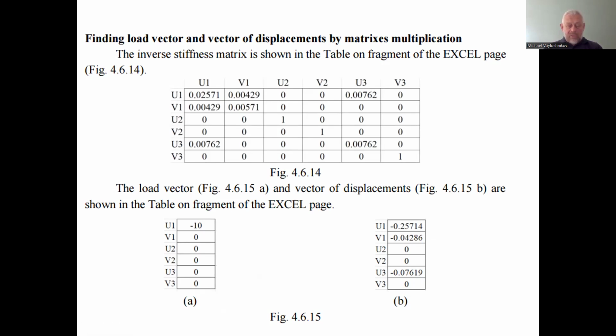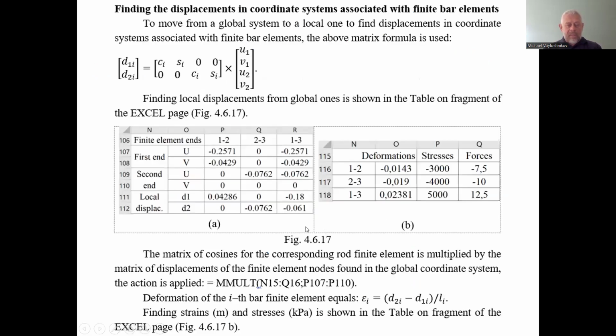Next, we use the command for multiplication of matrices. The vector is a one-column matrix. We multiply the stiffness matrix onto this column matrix. And we have the matrix of the displacements of the nodes of the discrete model of the mechanical system, that is the rod truss.